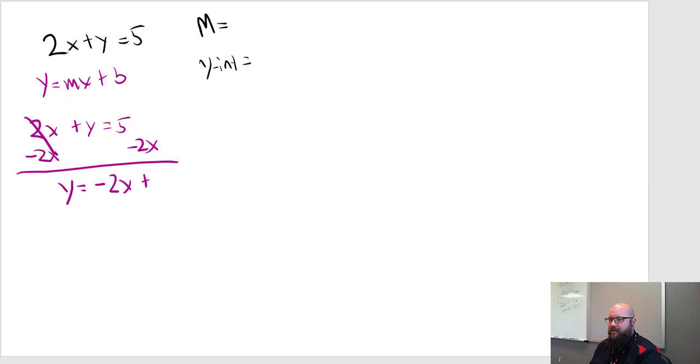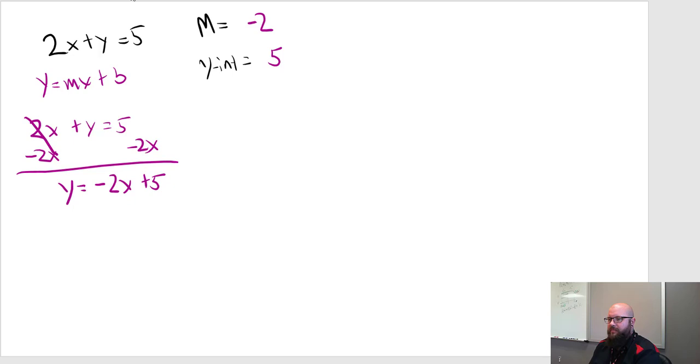And then I'm going to add that positive 5 right there. So now we have it as y equals mx plus b. Well, our slope then is -2, and our y-intercept is 5.